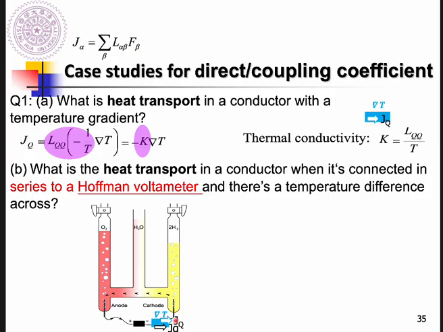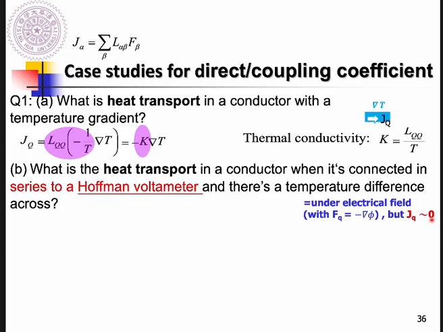But considering this equipment, I will assume the resistance is quite large, so the current passing through my conductor approaches zero. They do have the electrical potential gradient, but because the resistance is quite large, the current will be close to zero.